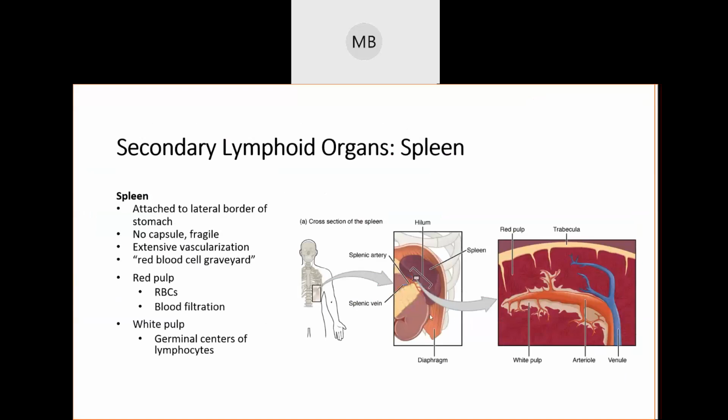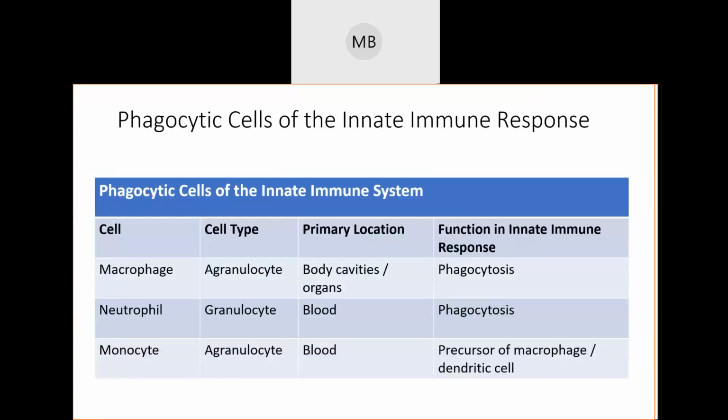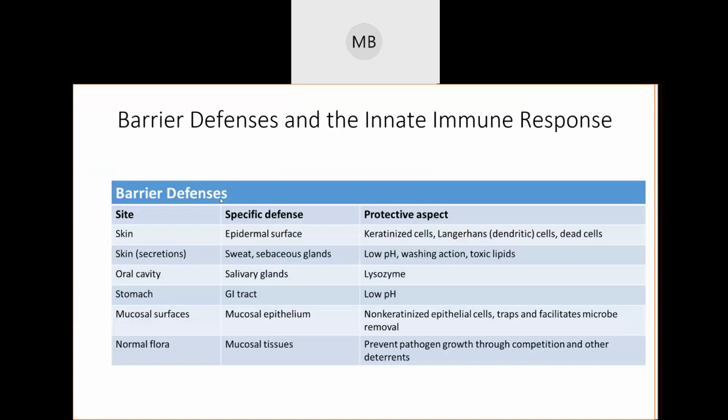Right? We are going to talk for the rest of this video about barrier defenses. This is your first line of defense from your cells and from your body, right? This is why I'm also talking about this in your introductory video, because this is straightforward and simple, right?